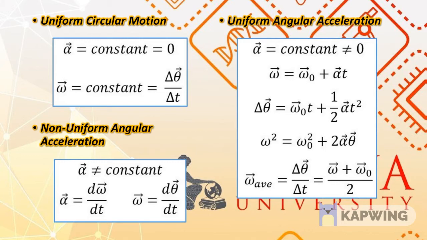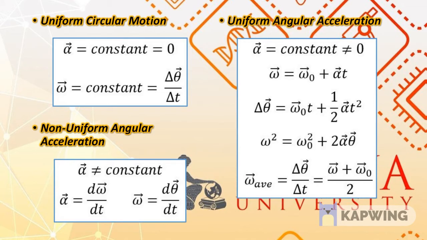And we have four equations that we can use to analyze the motion of the object. Just like in linear motion, motion in a straight line with uniform acceleration, we see that the equations for uniform angular acceleration follow the same form as in linear kinematics. You have final velocity is equal to initial velocity plus acceleration times time.